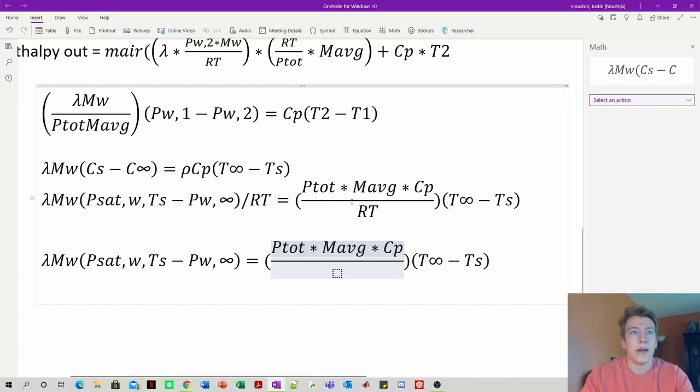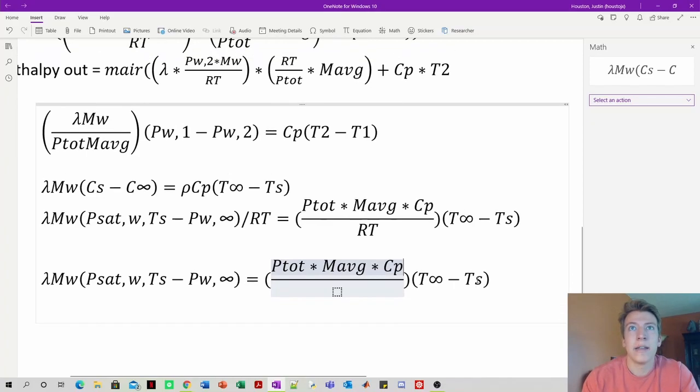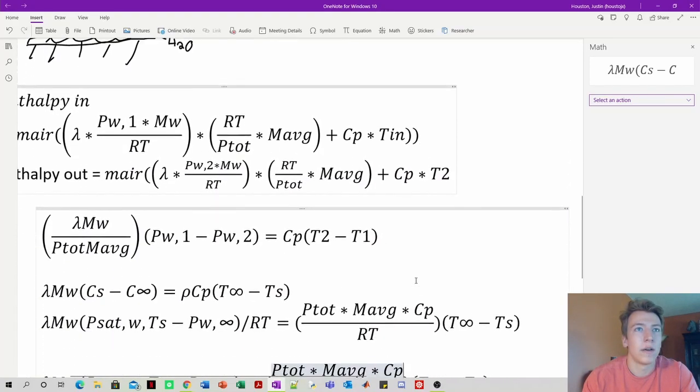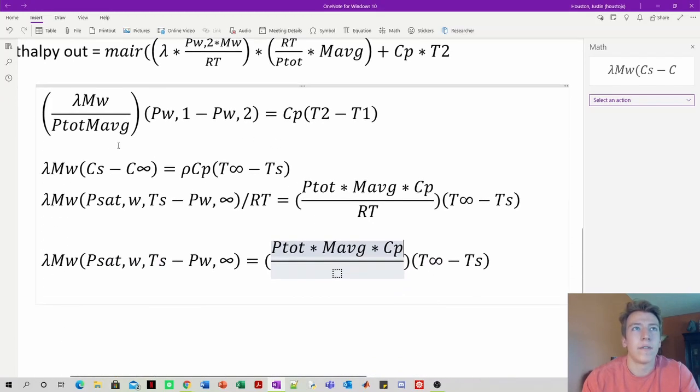So yeah, now that we have that, we can make this correlation that we were looking for at the beginning of this part. Where did I derive that? Oh, right here, from this equation here, when we set the enthalpy in and out equal to each other, we're going to notice that the surface temperature of the wet bulb is going to be equal to the saturation temperature of T2, as well as this saturation.